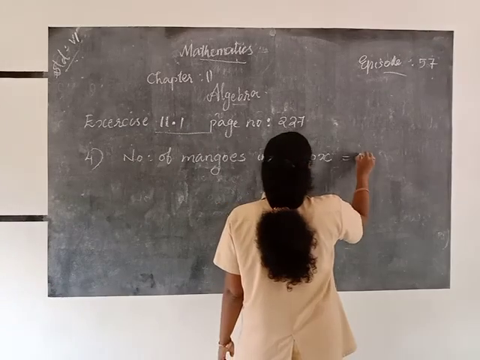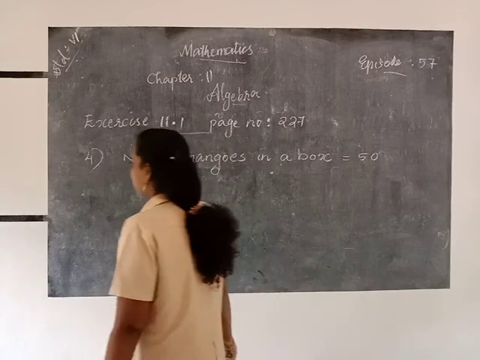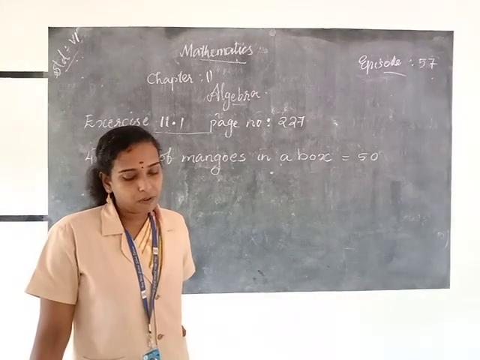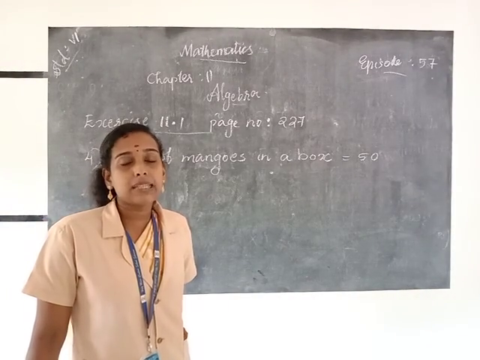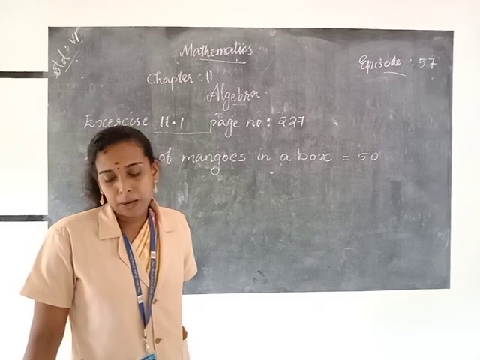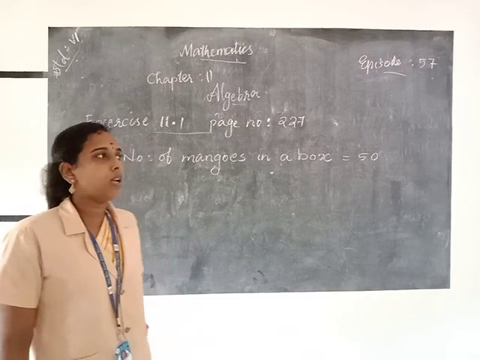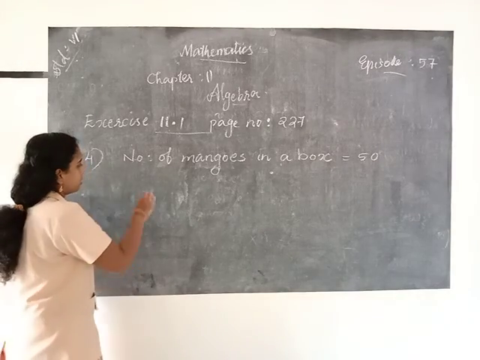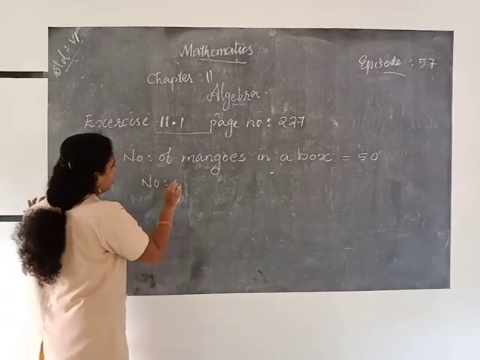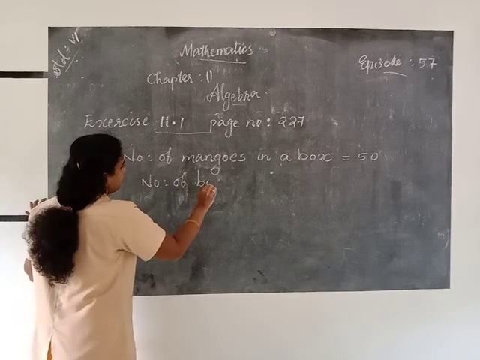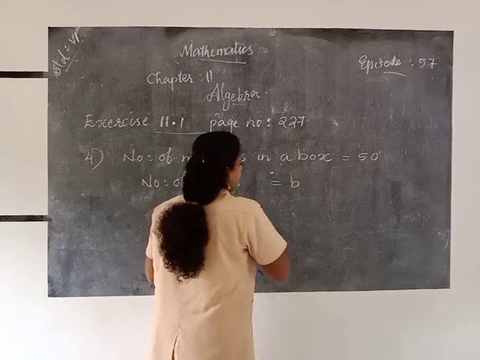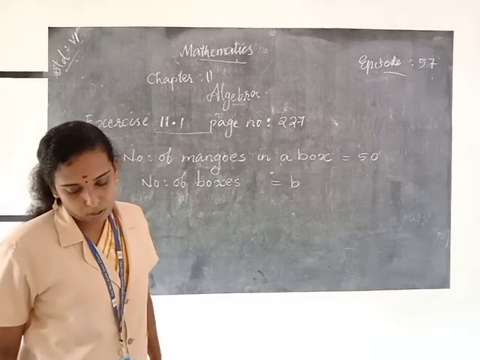So the number of mangoes in a box is equal to 50. And here use B for the number of boxes. That means number of boxes is equal to B. Let B be the number of boxes. B is the number of boxes.